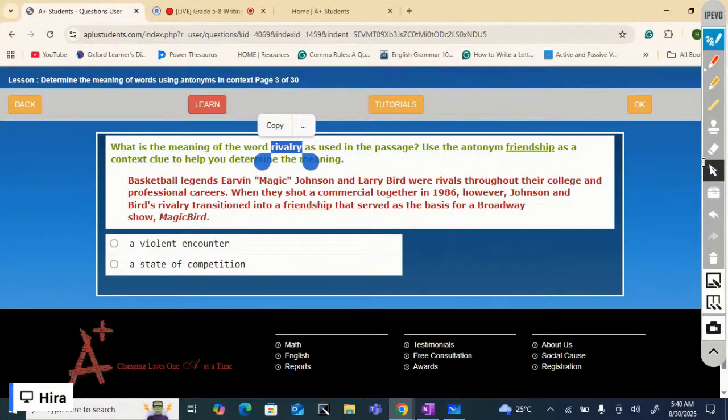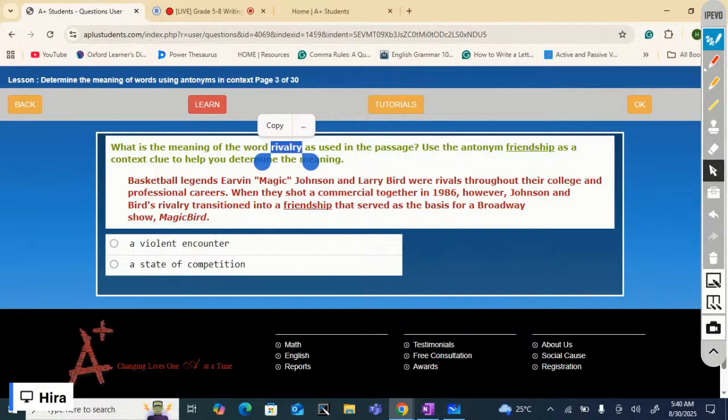So, what is the meaning of rivalry? A violent encounter or a state of competition. Use friendship as the antonym, which can be used as a context clue. Friendship is the context clue, and it's the opposite of rivalry.